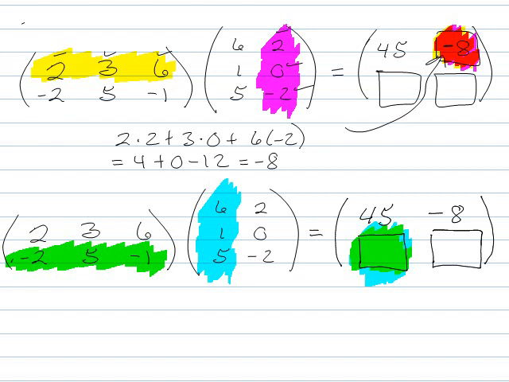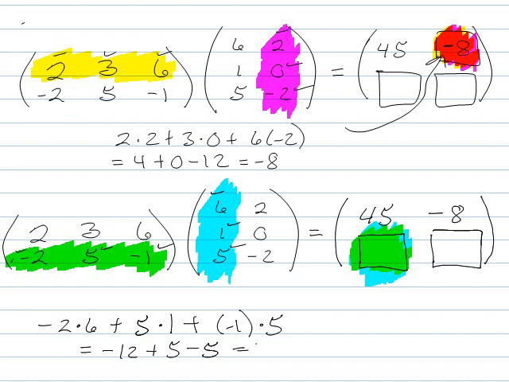So I'm going to take negative 2 times 6 plus 5 times 1 plus negative 1 times 5, negative 12 plus 5 minus 5. So negative 7 minus 5 is negative 12. Can I do that? Yes. All right. Just like that.